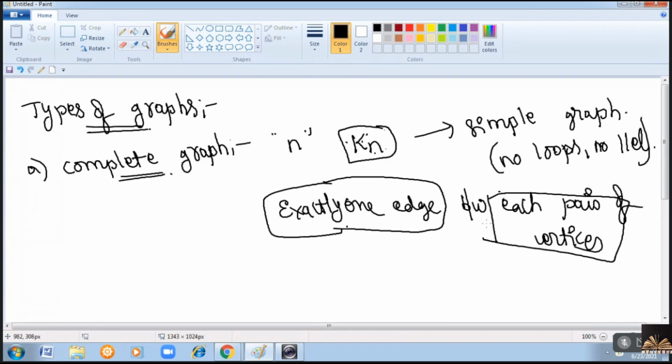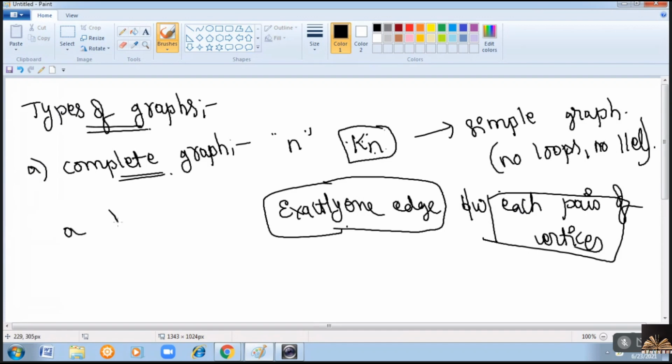It is like a round robin tournament we have seen, no? That comes under this complete graph. What is a round robin tournament? Every team has to play with all the remaining teams exactly once. Here also, complete graph means between each pair of vertices.